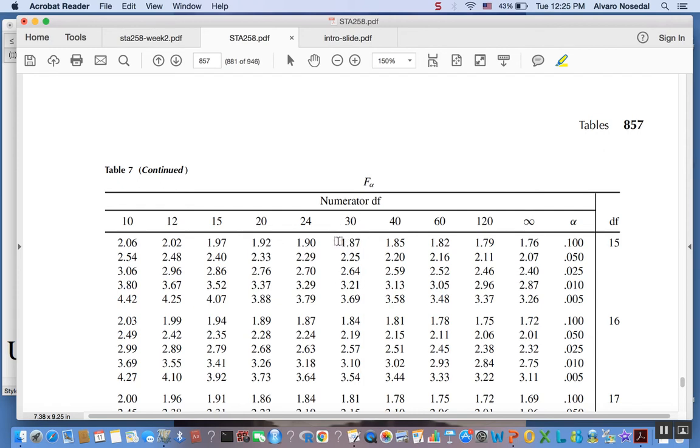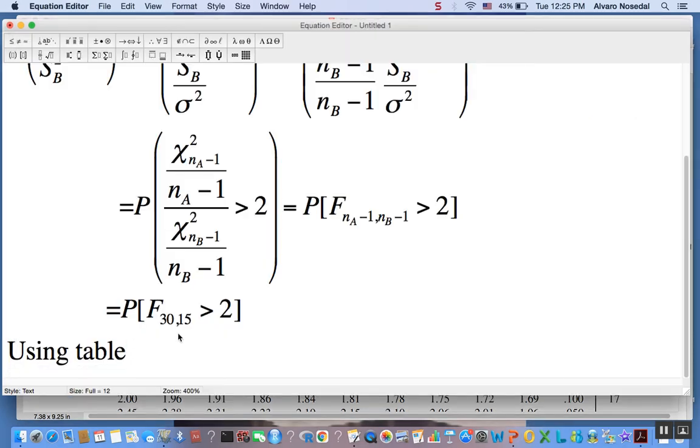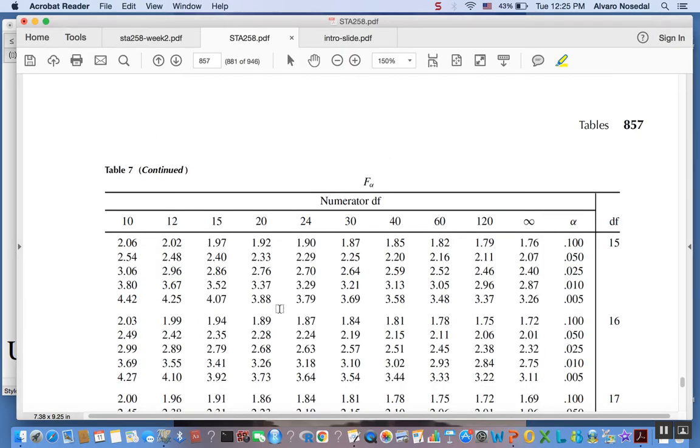Now note that what we want is the probability that an F distribution is greater than 2. So we find something as close as possible to 2. This one or this one, right? Now we refer to that row here.